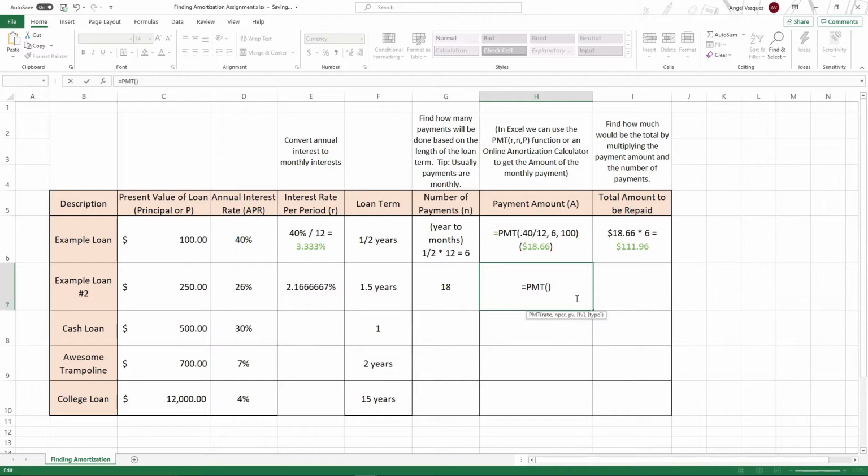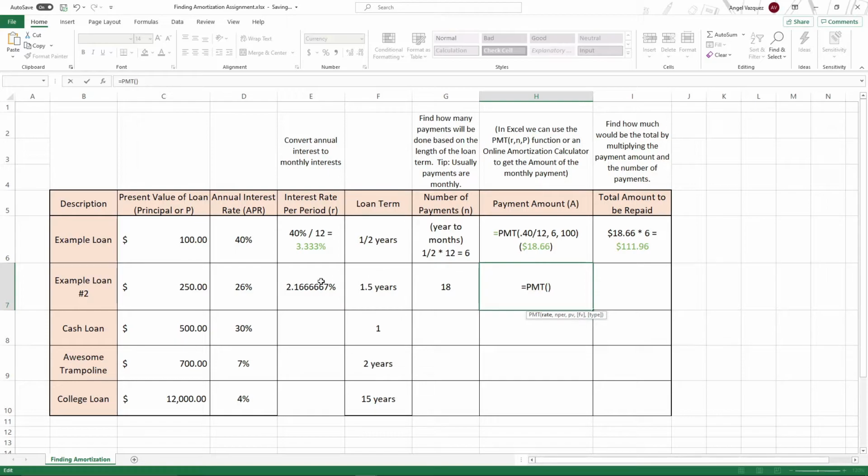Now I'm just going to use the same variables that we already talked about: rate, number of payments, and principal. So the first one would be R. You see it right here, PMT, rate.